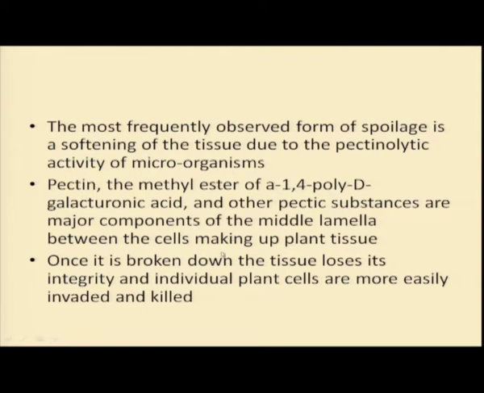So once the pectin is broken up, the tissue integrity is completely lost, and the individual plant cells would be easily infected by the bacteria and they would get killed. So the first layer of protection, pectin, if that happens to get softened and hydrolyzed, that paves the entry path for the microbes to infect, proliferate and spoil the vegetable.